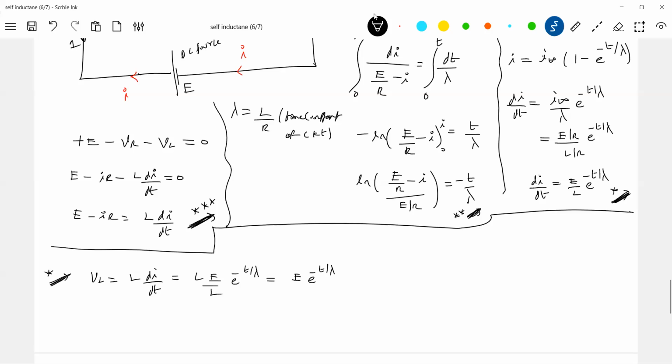And as usual, what is the drop across the resistor? I into R. We know I, so this will be E by R. Now make a careful observation of the drop across the inductor and the drop across the resistor.